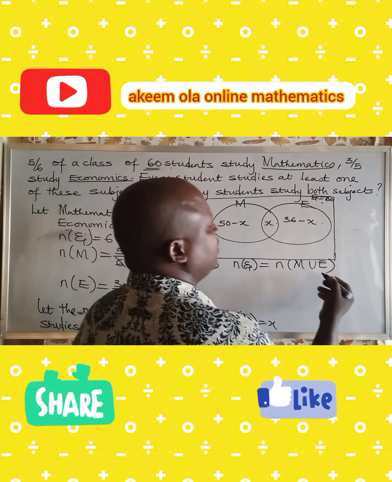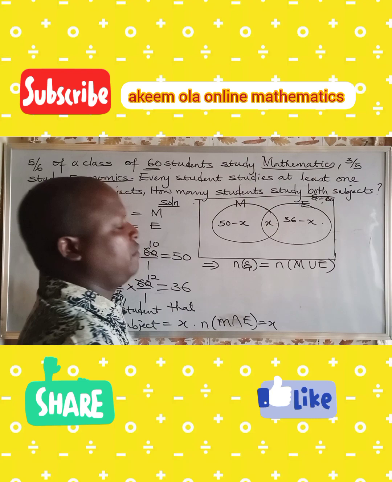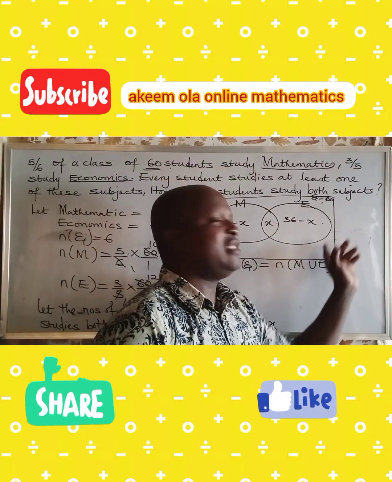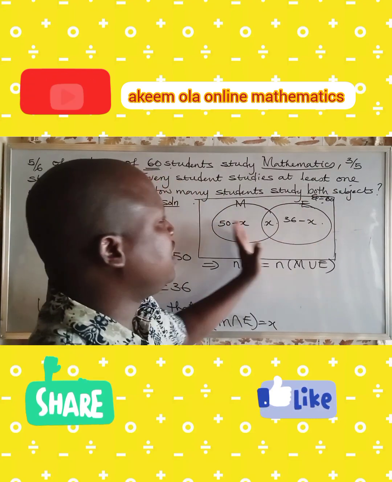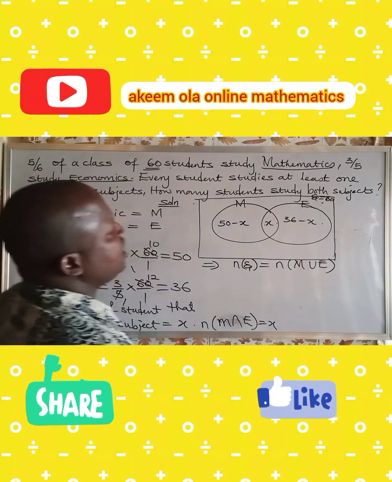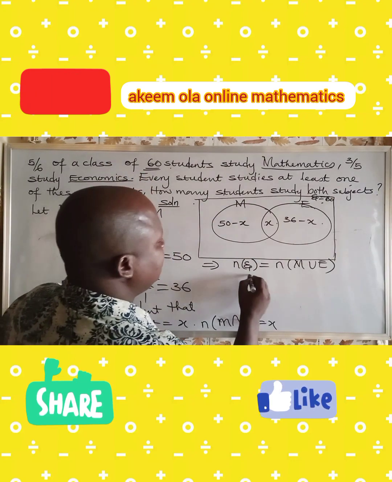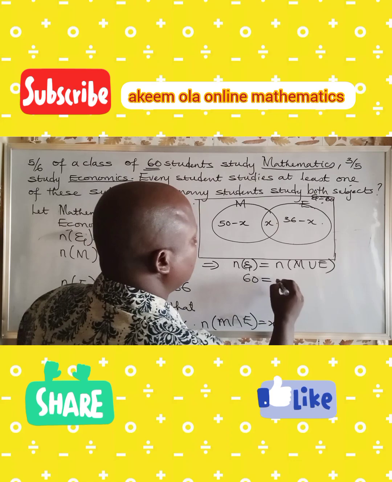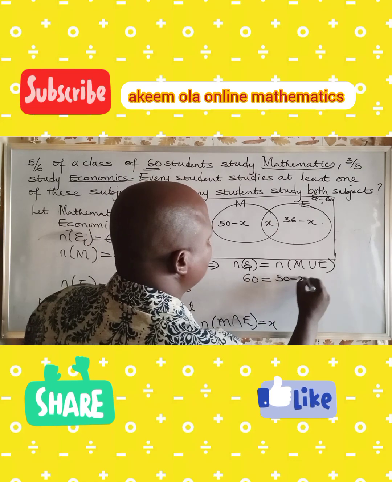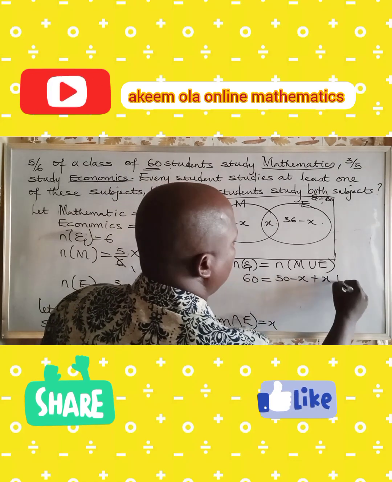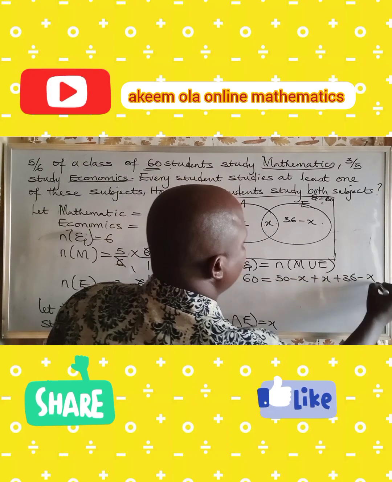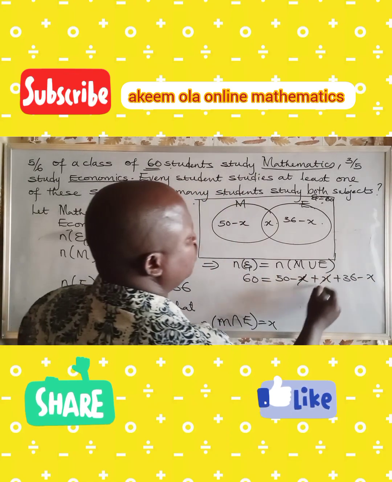Assuming there was something outside, we would have considered it, but we only stick with the one that is inside. That means we are going to have 60 is equal to 50 minus x plus x plus 36 minus x.